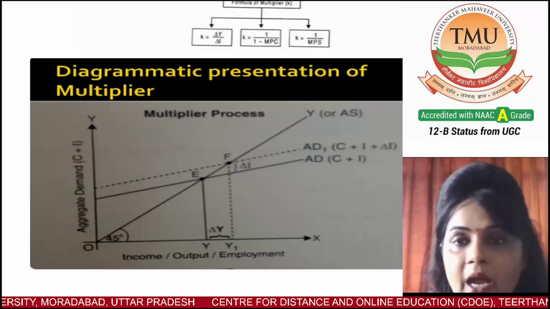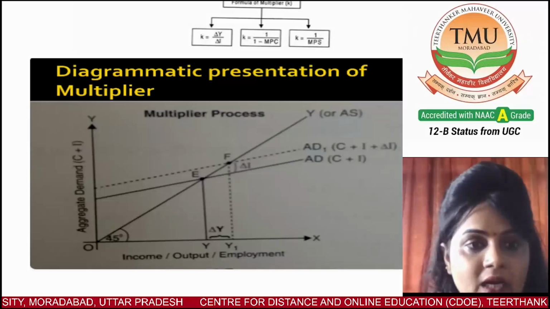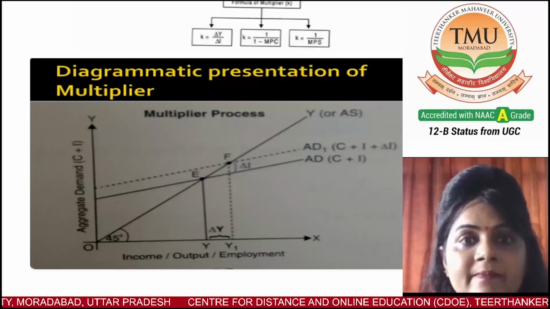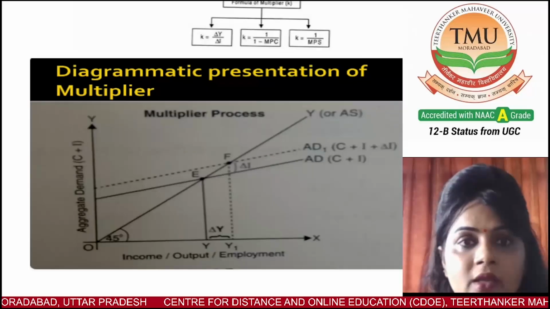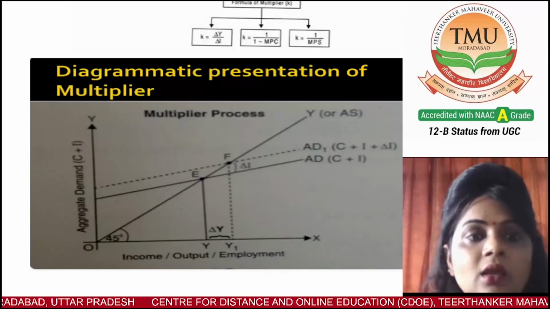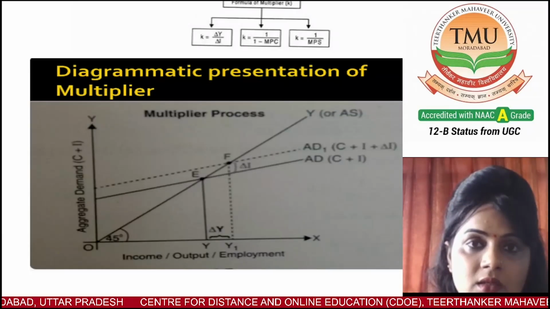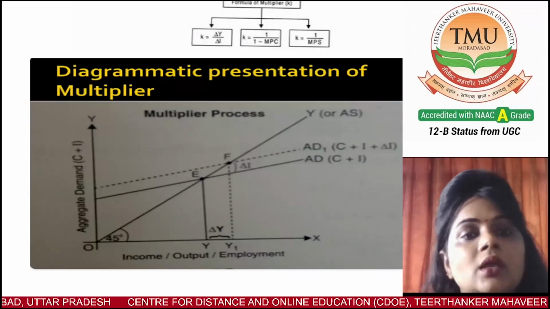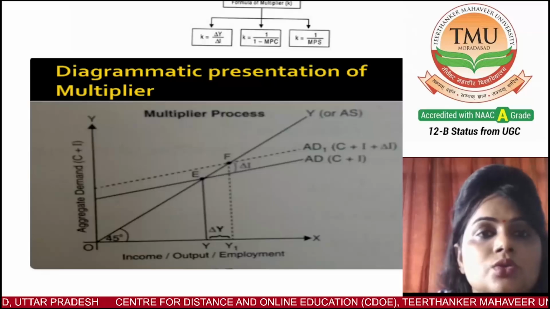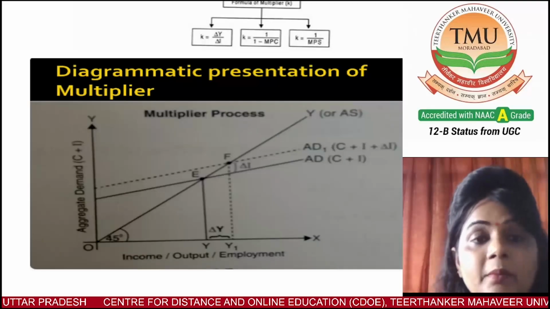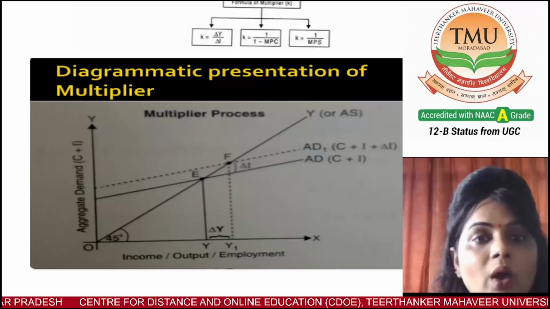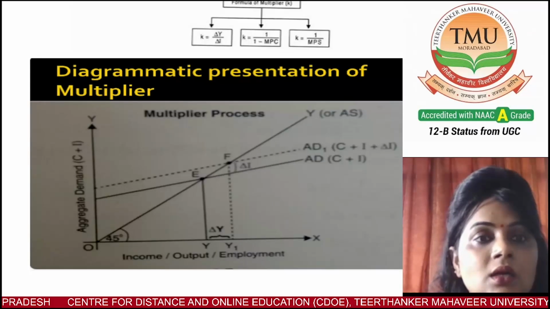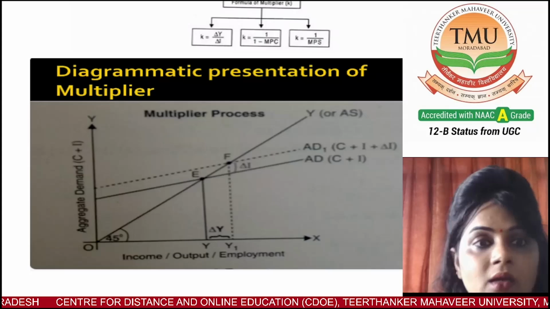I can also explain it with the diagrams. The AD and AS curves can also be used to graphically represent the multiplier. In this diagram, the y-axis represents aggregate demand.